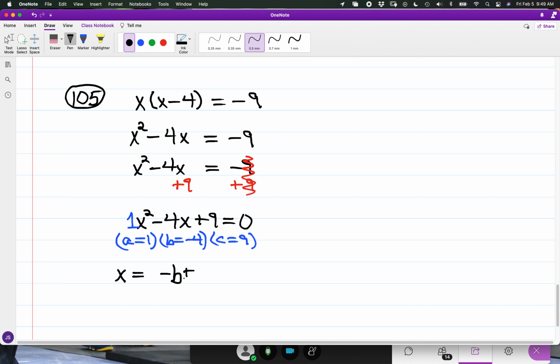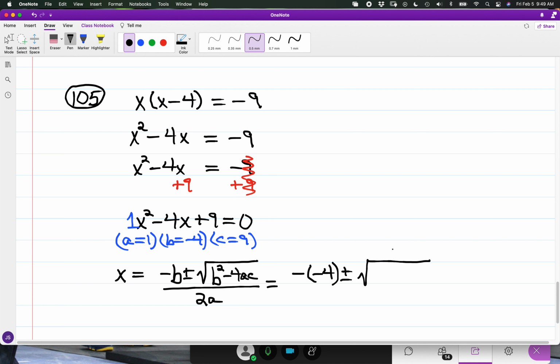And looking at the quadratic formula, we have negative b, so you have the opposite sign of negative 4. And within the radical, for b squared you have negative 4 squared, and for minus 4ac, we have minus 4 times 1 times 9.